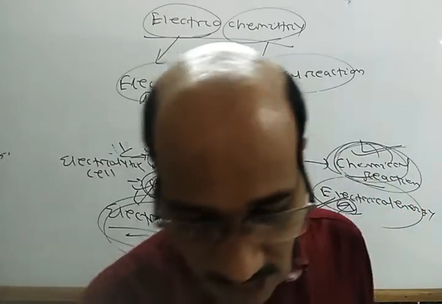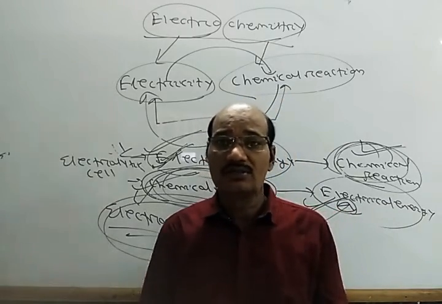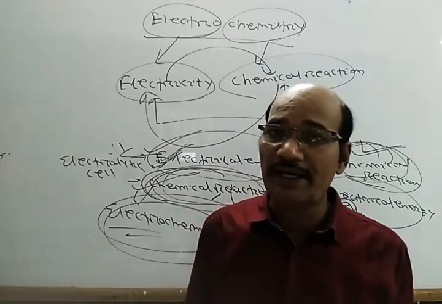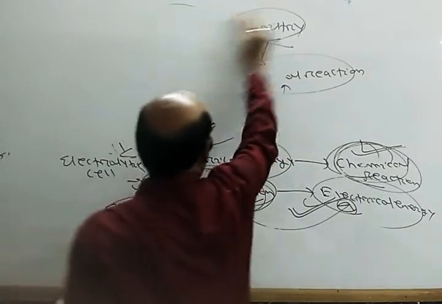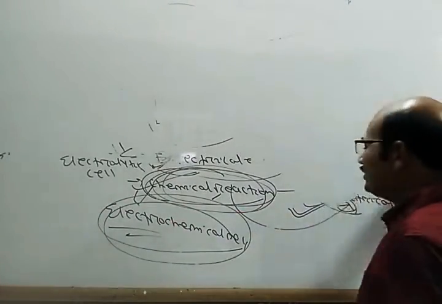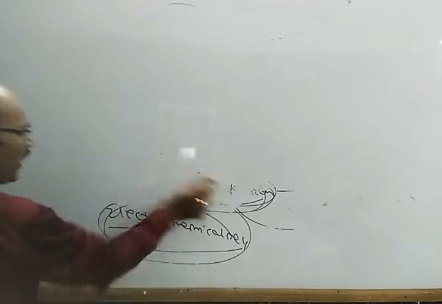Let us discuss how different kinds of substances are divided on the basis of the flow of electric current. We know electricity is the flow of charges or the flow of ions.